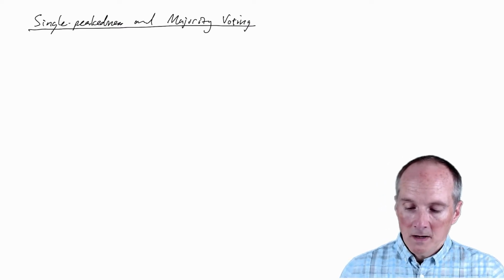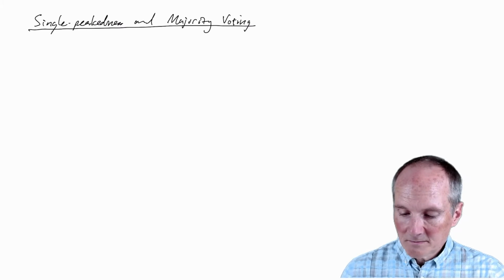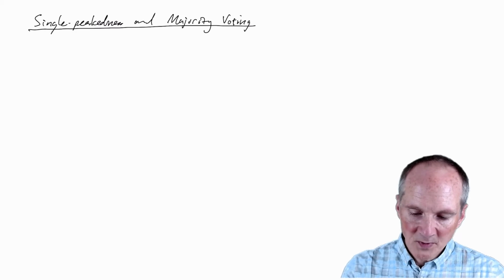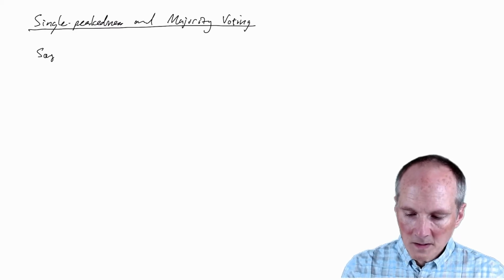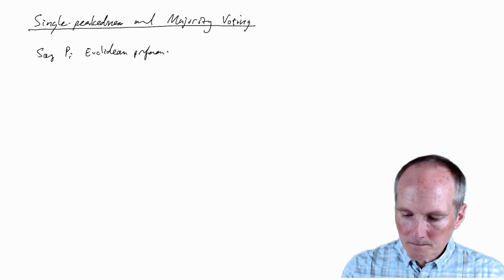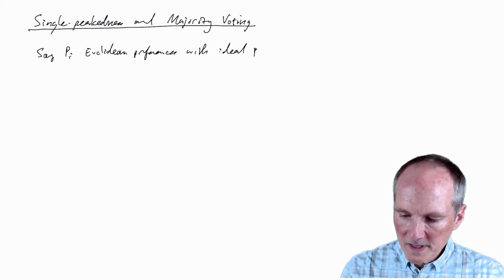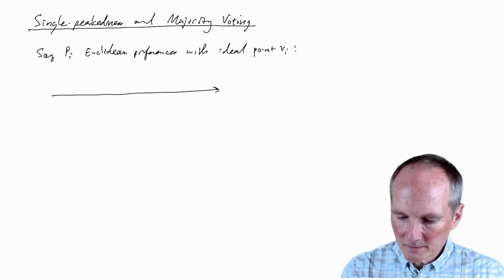Okay, so to begin with, let me define single-peakedness, and to do that, let me first go back to Euclidean preferences. All right, so suppose person i has Euclidean preferences with ideal point v_i. That means if I draw a line representing the set of alternatives, their ideal point is somewhere on that line.